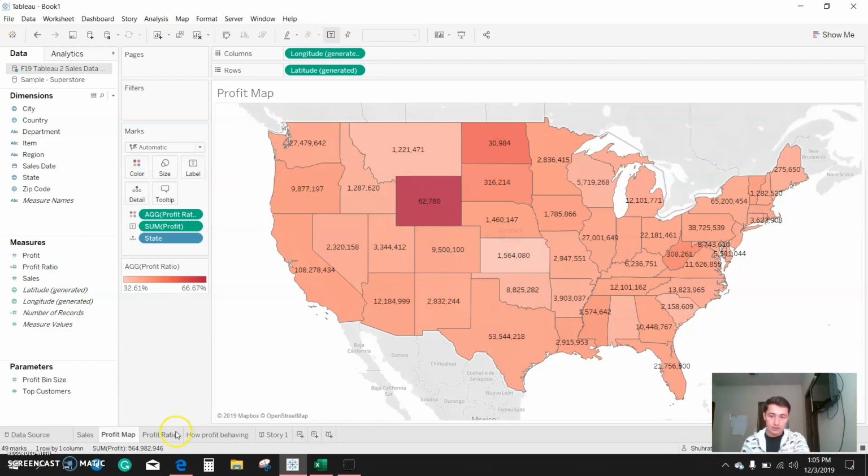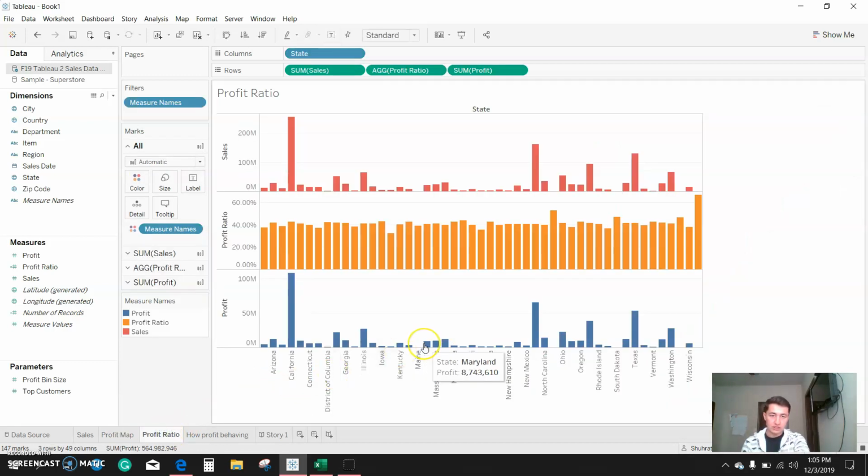And here on a different chart, as I mentioned earlier, in Wyoming we're only making 62,000 profit, but in California we're making 108 million. Yet if you look at profit ratio, California's bar is shorter than Wyoming's.